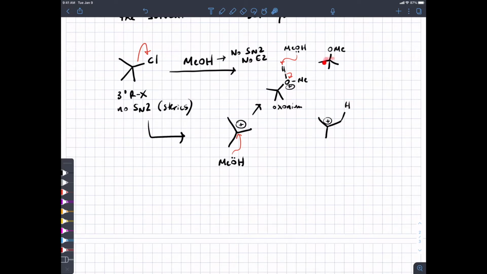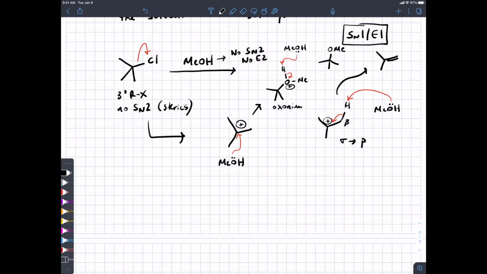If this were a stereocenter, we get both varieties. Methanol is also not a good base, but the carbocation is reactive enough that because of sigma to P hyperconjugation, the beta proton becomes very electron poor, such that it's acidic enough for methanol to remove, and then we can get the elimination product as well. So we see SN1 and E1 products for that particular combination.